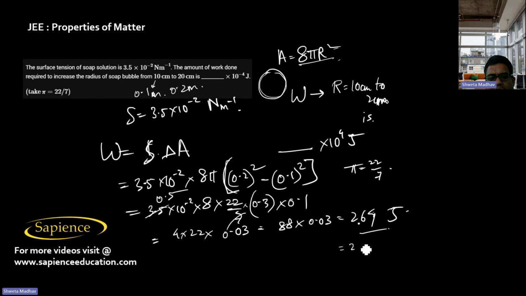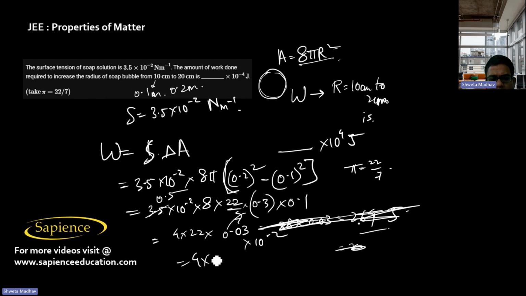I can say it is 4 into 22 into 0.03 into 10 power minus 2.